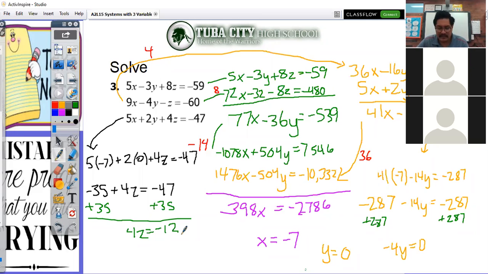Yeah, okay, it is -12. And then divide both sides by 4. And z is equal to -3. Okay, there we go. We got all 3 pieces. So -7 is x, and then y is 0, and z is -3.